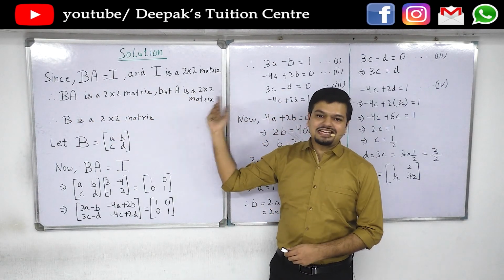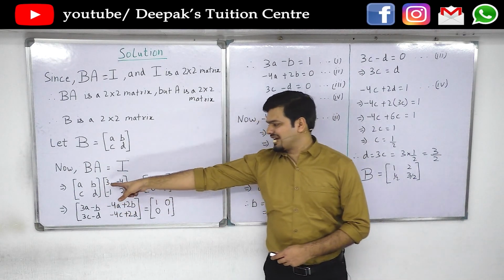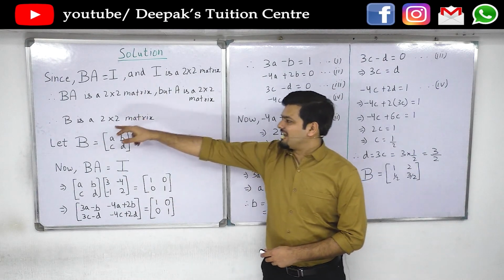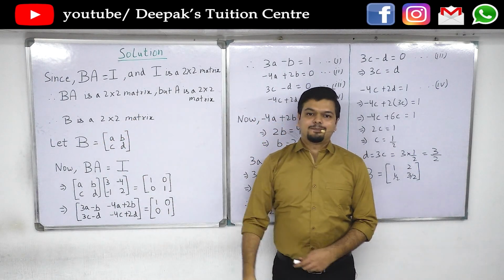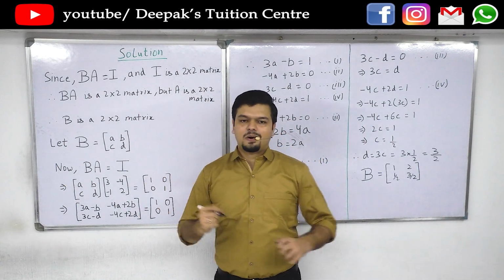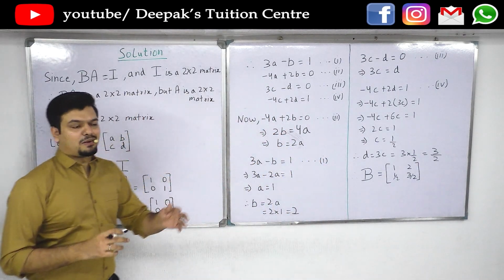But we know A is a 2 cross 2 matrix. You can calculate the order of A by looking at the matrix. So, therefore, B is a 2 cross 2 matrix. How did we know that B is a 2 cross 2 matrix? By intuition? No. You have to do a rough calculation.